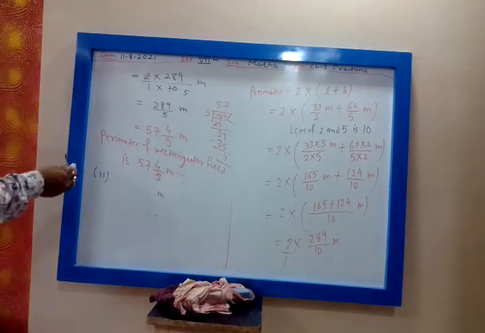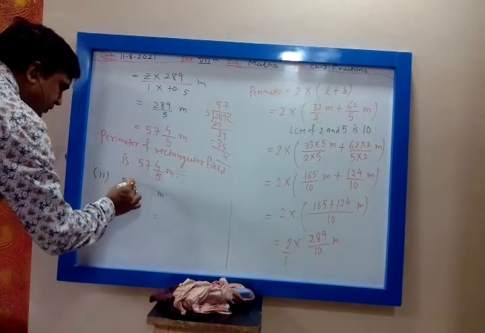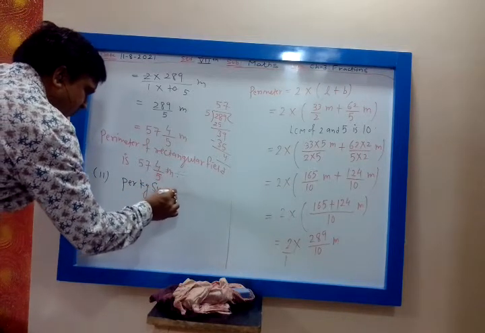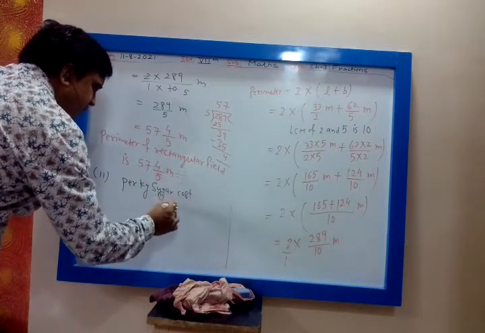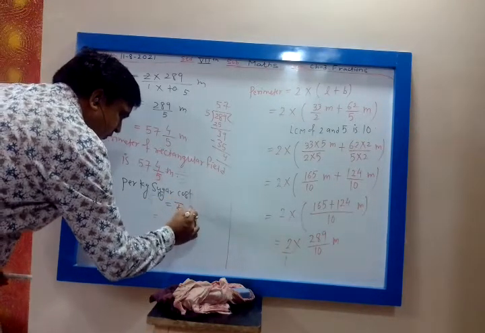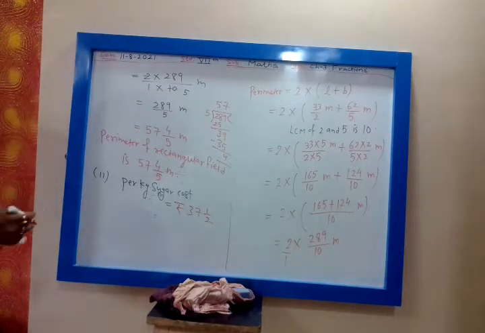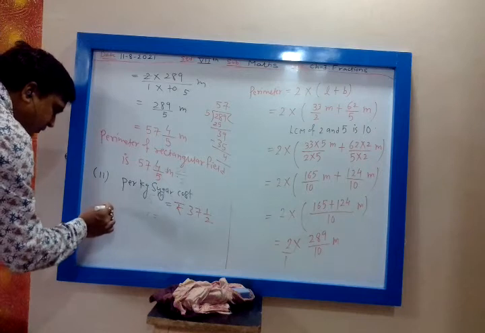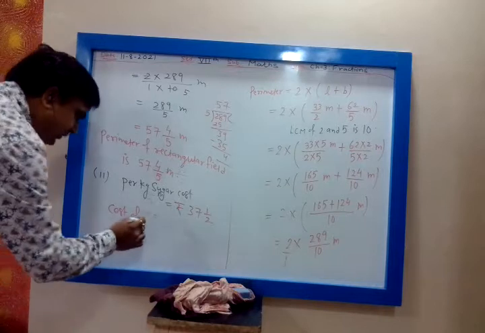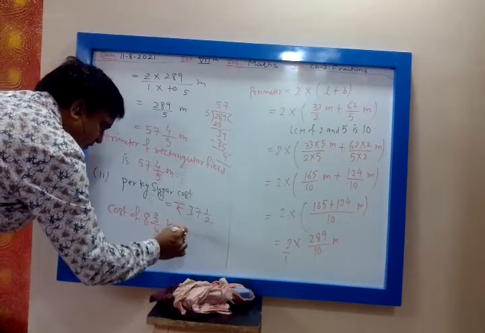Sugar cost, so per kg sugar cost is rupees 37 and 1 by 2. So find the cost of 8 and 3 by 4 kg. We have to find the cost.